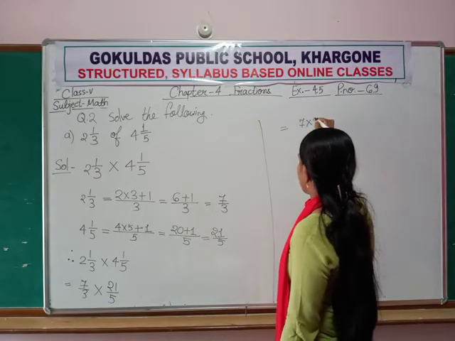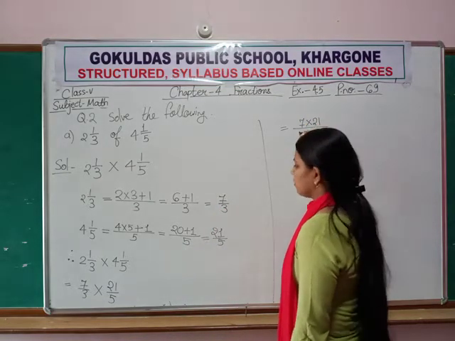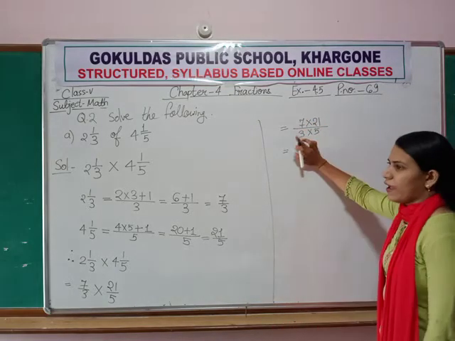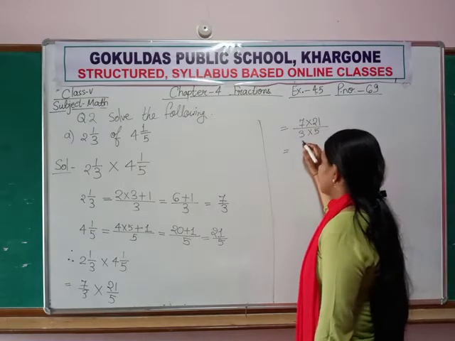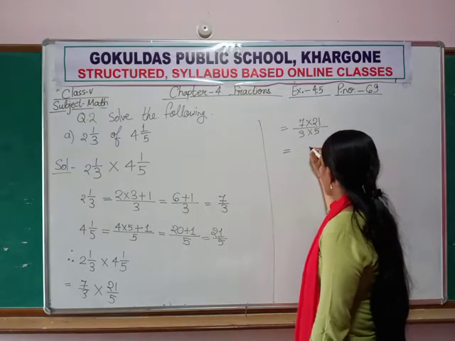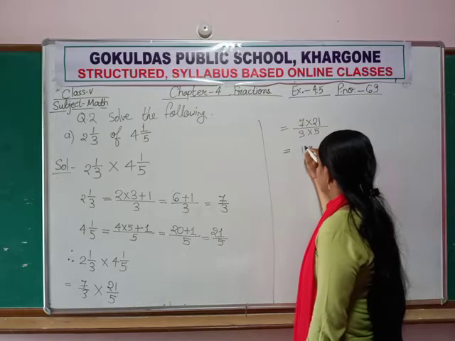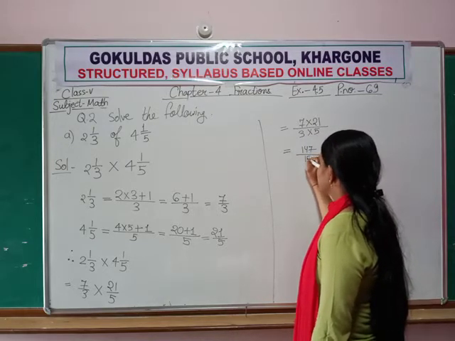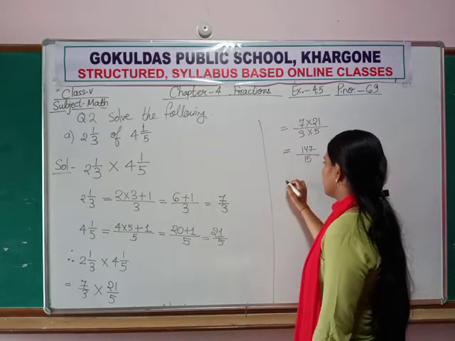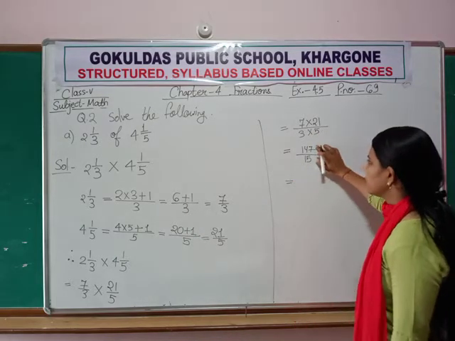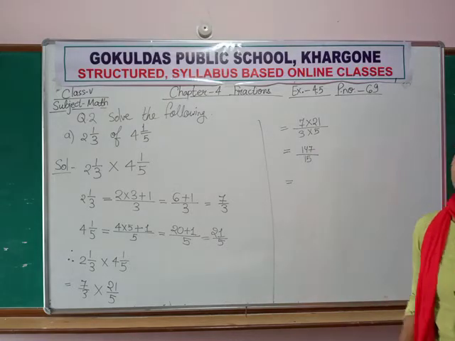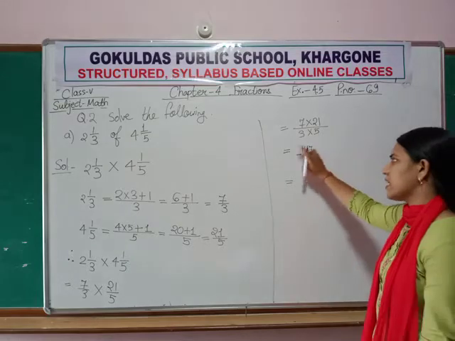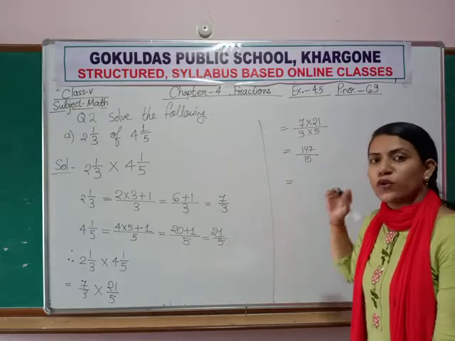So 7 multiplied with 21 upon 3 multiplied with 5. 7 into 21 is 147 upon 3 into 5 is 15. Now 147 upon 15 can be reduced to its lowest form. We got our answer. This is correct, but we can reduce it to its lowest form.